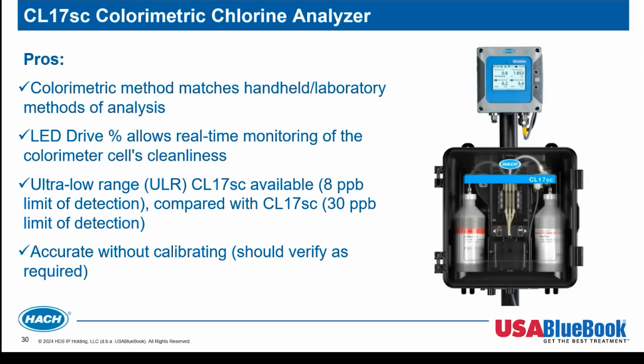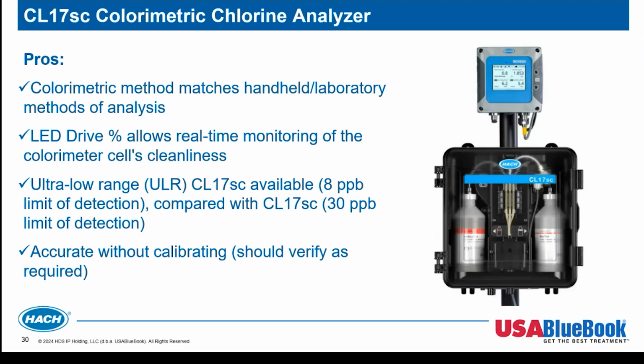We also offer now, if you're familiar with our legacy instruments, the big blue box from way back in the day, an LED drive percent value. That's a real-time value. You're always going to be seeing that on your controller, so you can always see how clean your colorimeter is. You'll get warnings now if your colorimeter gets dirty, to warn you to go ahead and clean it. But this is a value that you get to see all the time, instead of finding that very obscure reference value in the old legacy instruments.